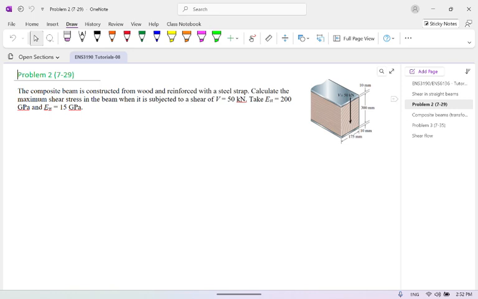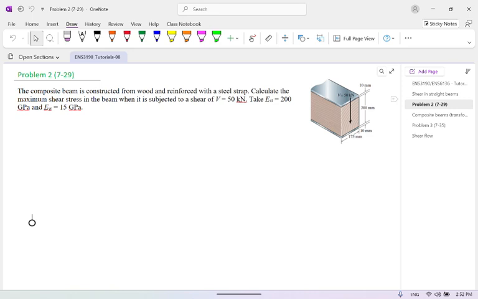If you look at the question itself, it's very similar to the last lecture on the composite beam. But this time we're asking for the shear stress, so we combine the last lecture and this lecture. In the lecture example we showed a single material, but more and more commonly we use composite beams.